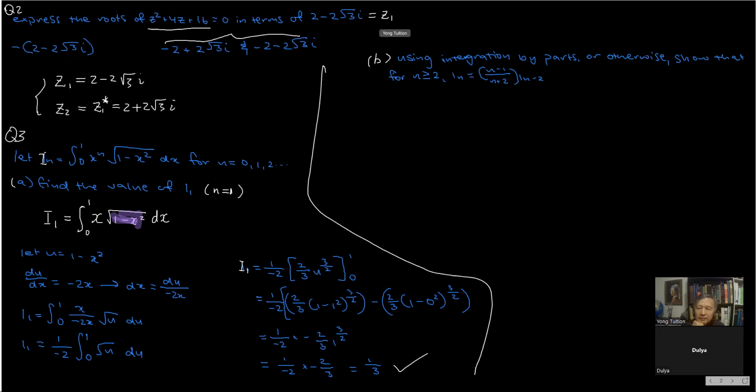So to use integration by parts, you have to decide which one should be differentiated. X or square root. Okay, which one can we use?